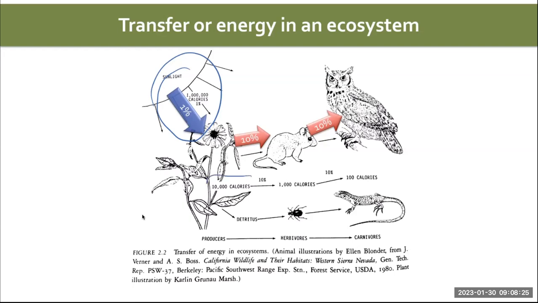And then again, 10% of the energy in that plant biomass makes it to the next level, and then 10% of that makes it to, in this case, the secondary consumer. So it's an important layer to add to our understanding of food pyramids and biomass pyramids.